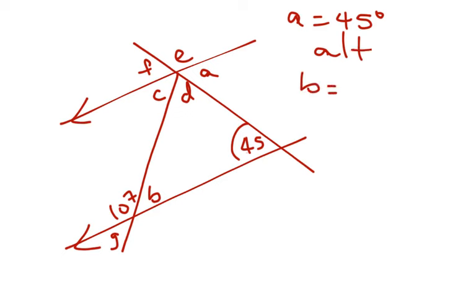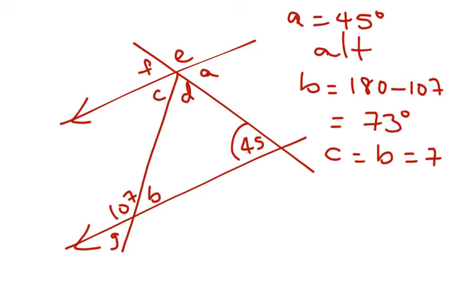B is on a straight line with 107 degrees, so a quick subtraction of 180 take away 107, because all angles on a straight line add up to 180 degrees, gives us 73 degrees for B. We can also see that C is alternate with B, which is also going to be 73 degrees. I'll write a quick note that they are alternate with each other.